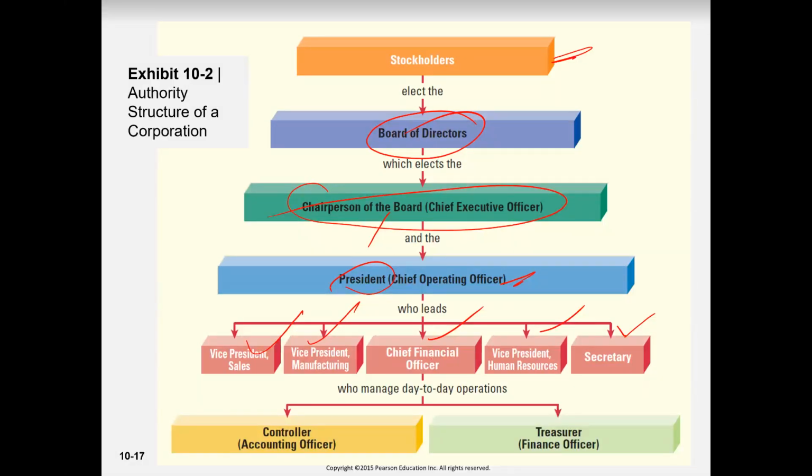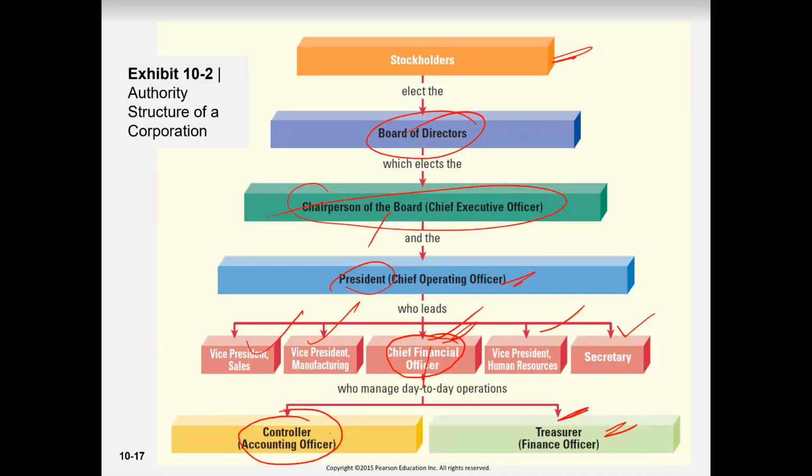And then they individually hold their own responsibility, but the CFO's responsibility is not just to find out where we can get money and how we manage the funds, but also to control the funds. So under the CFO there must be two persons.